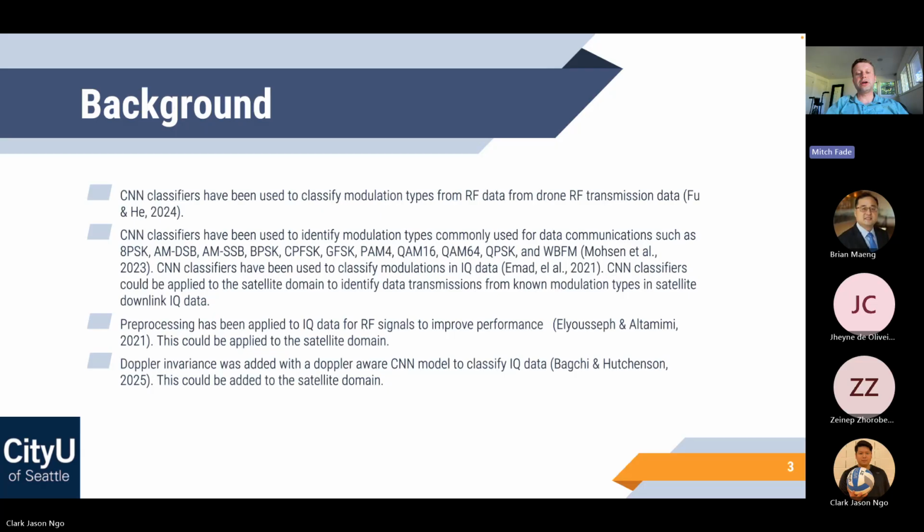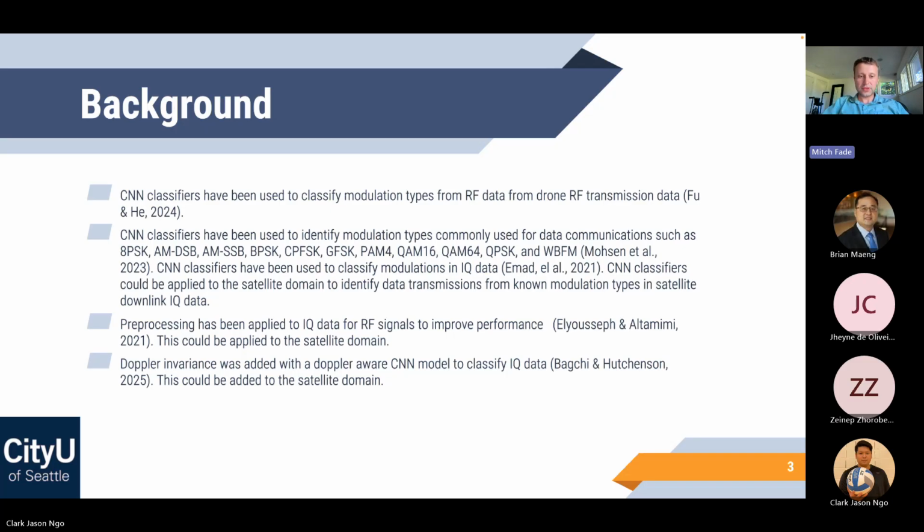For a little bit of background, CNN classifiers have been used to classify modulation types of RF data from RF drone transmissions. And CNN classifiers have been used to identify different commonly used modulation types used in data communications.